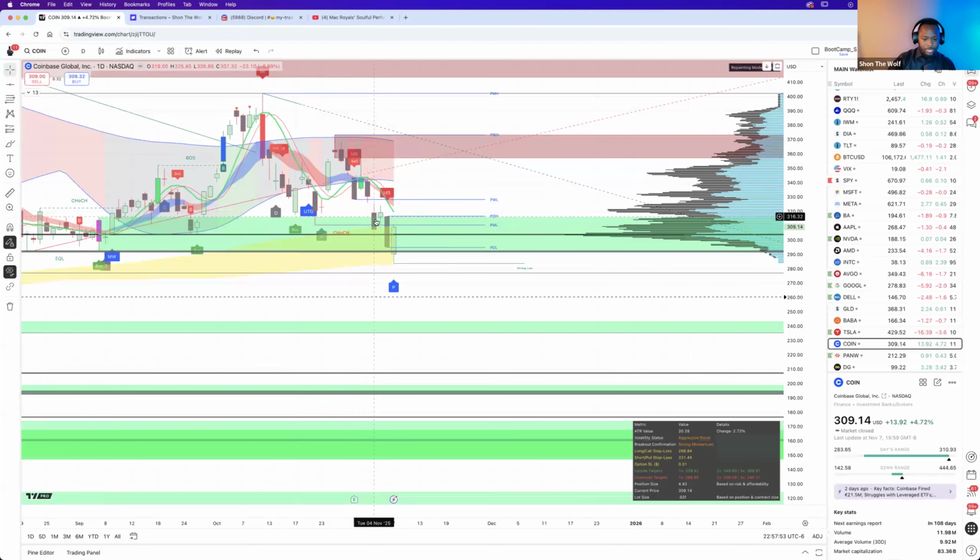And that means that it's going to push down and come under this order block, right? So this is all the way on the fourth. I say put Coin on your watch list, basically for puts pulling you down all the way under this order block. And then once it got under that order block, it was going to sweep liquidity.